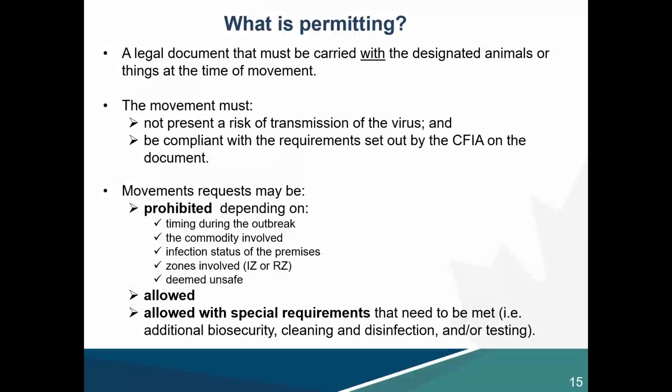examination, and then I have the biosecurity measures also at the beginning and at the end. All these cases have to be complied with before the issuing of the permit, so we have to meet the conditions, and then the request can be prohibited depending on the timing during the outbreak.